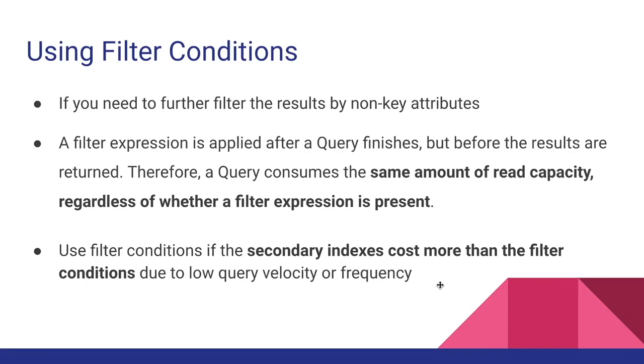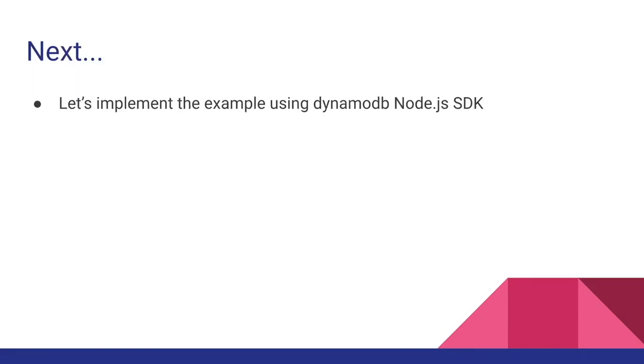So you have to check the velocity and the frequency of the queries against that GSI. If it is very low, then you can check the cost comparisons and maybe the filter condition will give you better cost implications. Okay, now this is the content that I wanted to cover. So in the next episode, let's implement this example using the DynamoDB Node.js SDK.